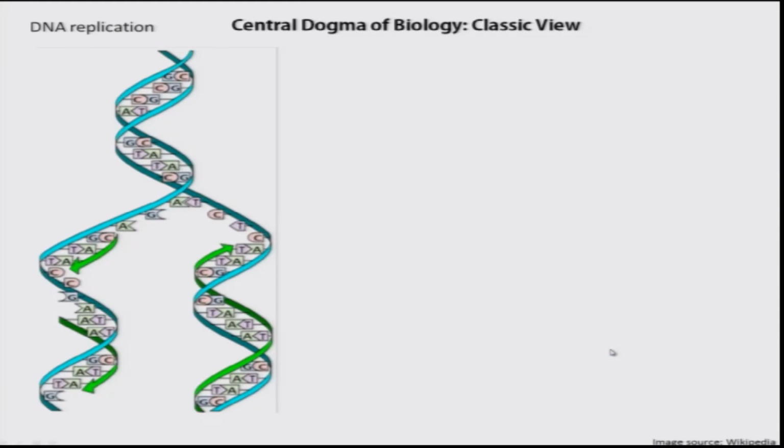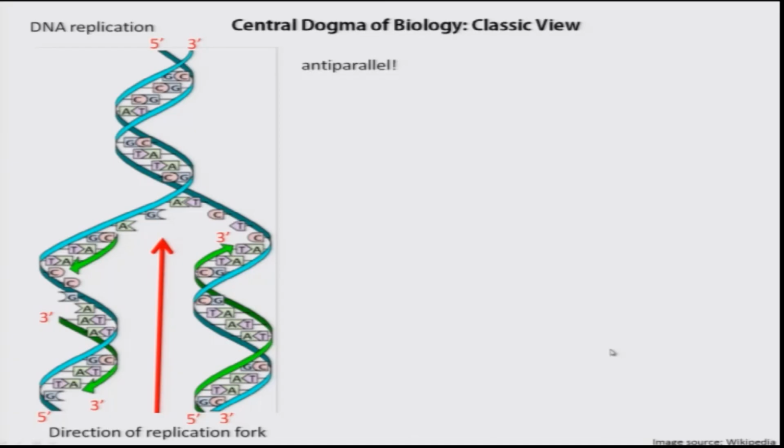And when we talk about replication, that is the cell copying its DNA so that the DNA can be given to the two daughter cells. This process we call DNA replication, and you can see in this cartoon that this is the direction of the replication fork. In this process the two strands are separated and a new strand is being made.